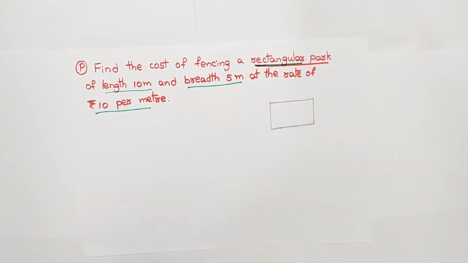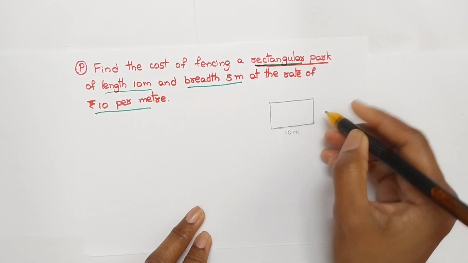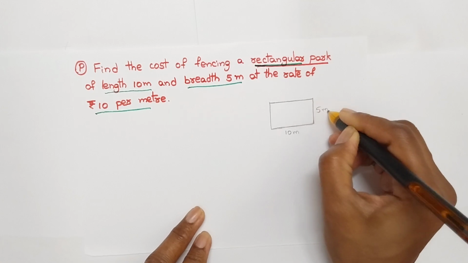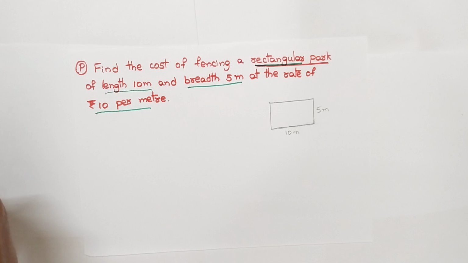And what are the values they have given? 10 meters long and 5 meters breadth. And what they are asking: find the cost of fencing.